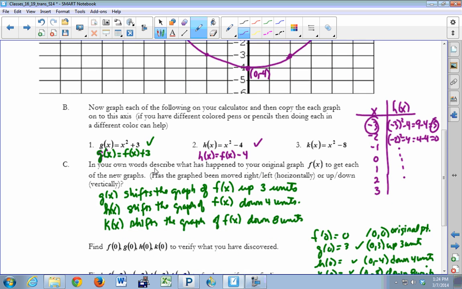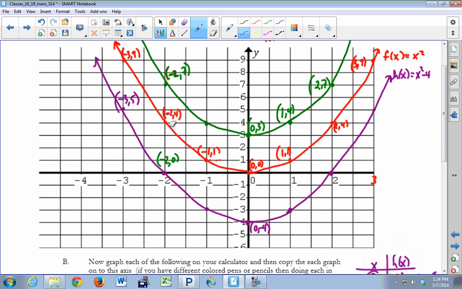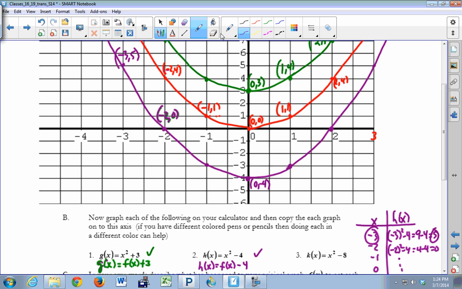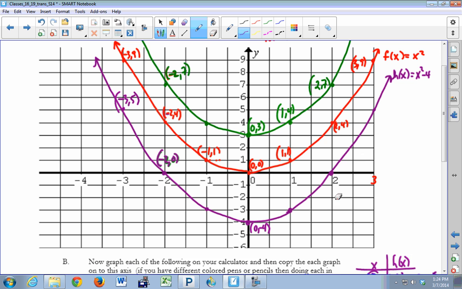I forgot. 4 away, right? I'm going to go from 4 down to 0. So I have this point right here, negative 2, 0. My origin, 0, 0, now becomes 0, negative 4, and so on as I move along my x-axis. So this purple graph, this parabola, is x squared minus 4.